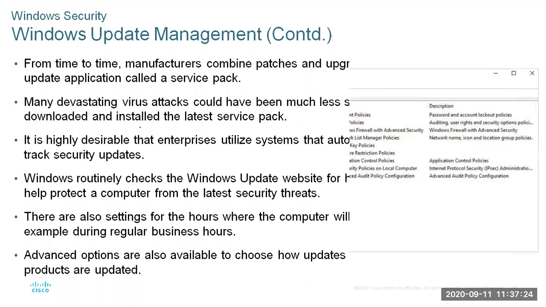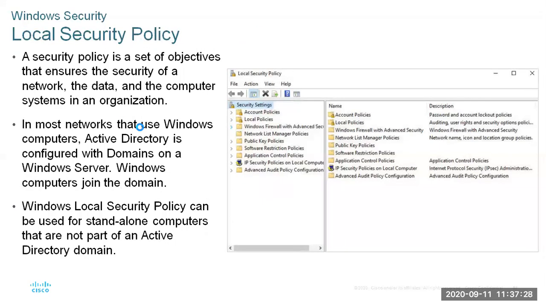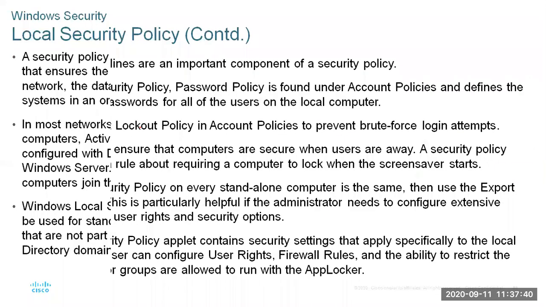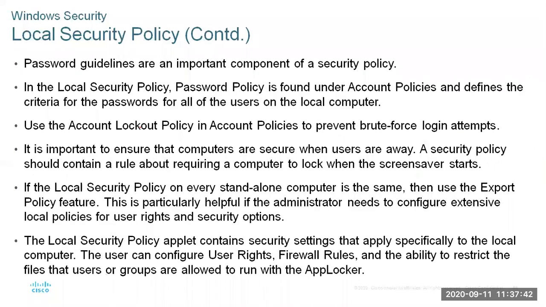Windows computers join the domain. Windows local security policies can be used for standalone computers that are not part of any Active Directory. Password guidelines are an important component of a security policy.